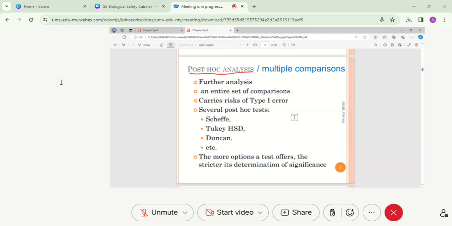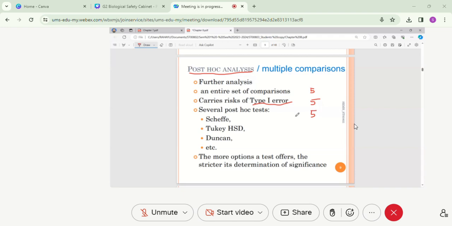So it will test the entire set of comparisons done by us. Normally if we do multiple comparisons, let's say multiple t-tests, it will definitely increase type 1 error. Because the first comparison carries a 5% error, and then the second also another 5%, and the third comparison also carries 5%.